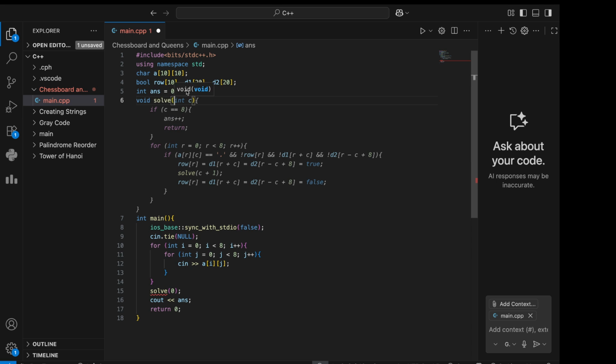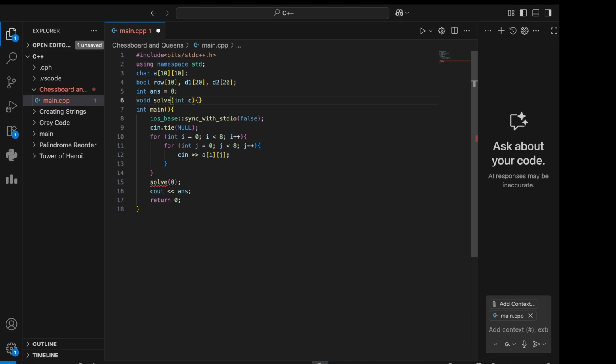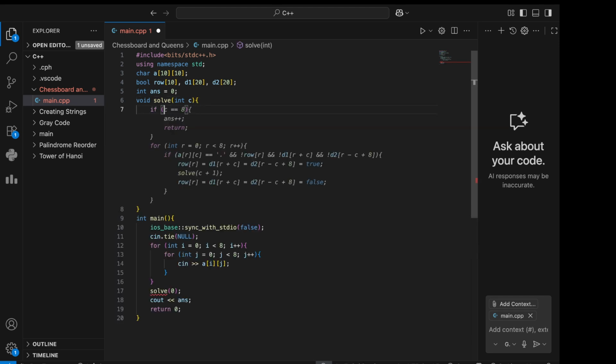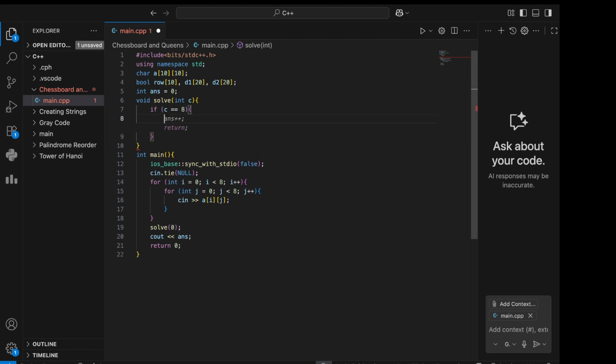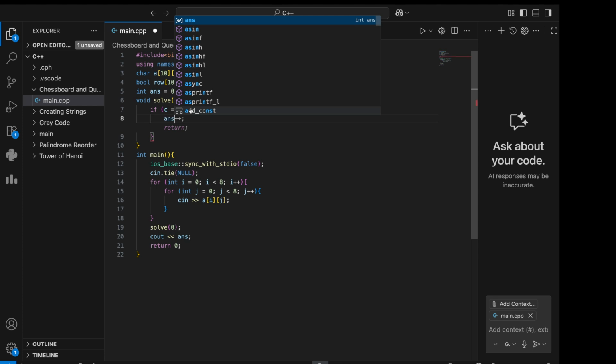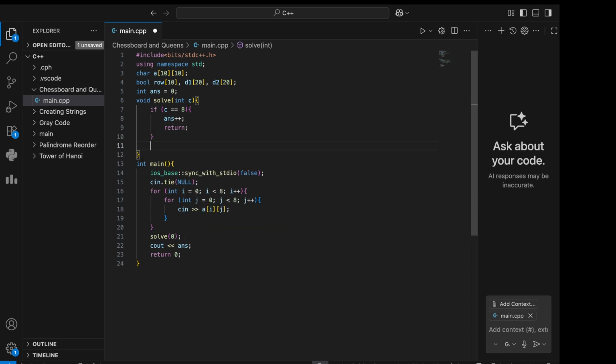Okay, void solve int c. If we place all the queens on the squares, we can increase our answer variable by 1 and also end the recursive loop there.